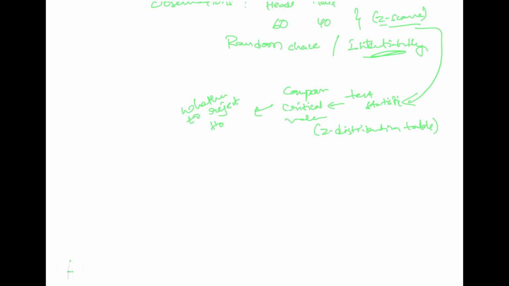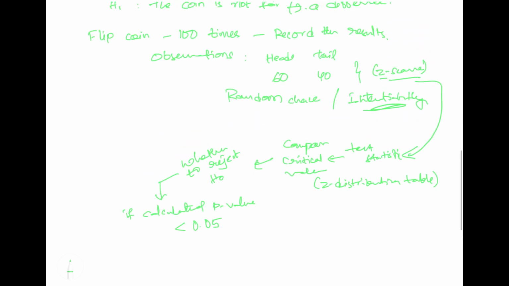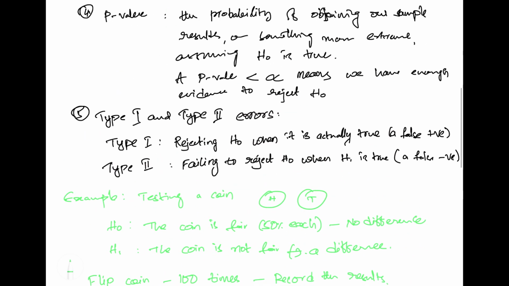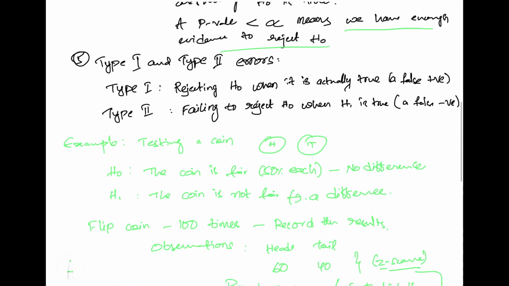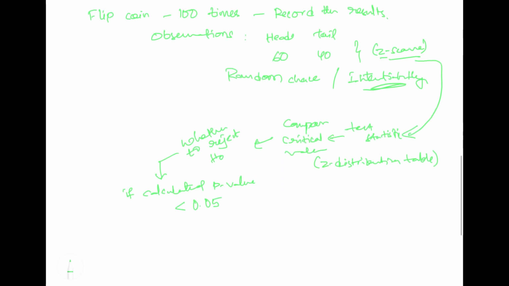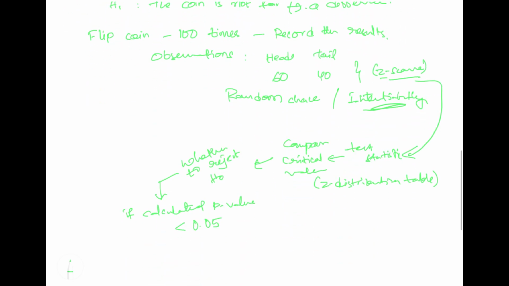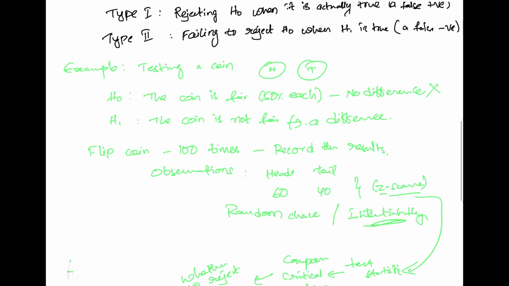So if your calculated p-value from this test is less than 0.05, then we have enough evidence to reject the null hypothesis.